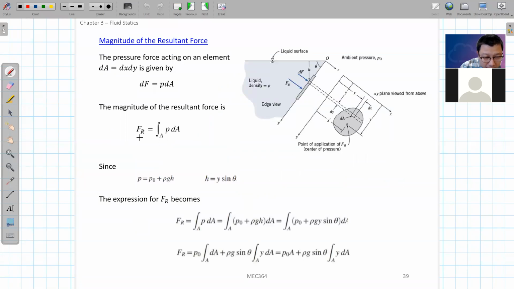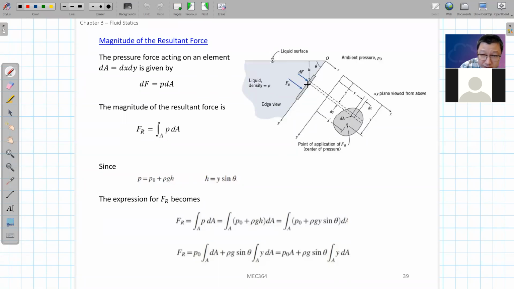Because we know that pressure is a stress, a force per area, all we need to do is integrate the pressure over the whole surface area. And pressure is given by the pressure-depth relationship, where P0 is the atmospheric pressure and h is the depth below the surface of the fluid.